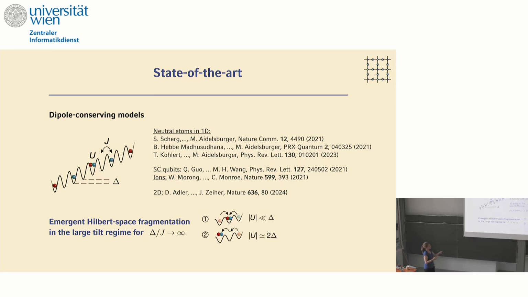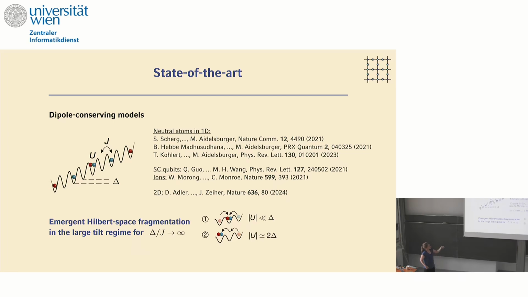And if you tune these on-site potentials between neighboring sites into different regimes, you can get effective Hamiltonians in second-order perturbation theory that consist of correlated hoppings. And then in the limit of sending this tilt to infinity, this ratio over the tunnel coupling, you can show that the system fragments into exponentially many disconnected subsectors.